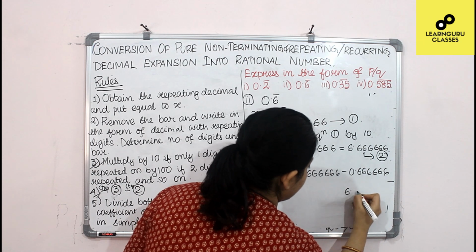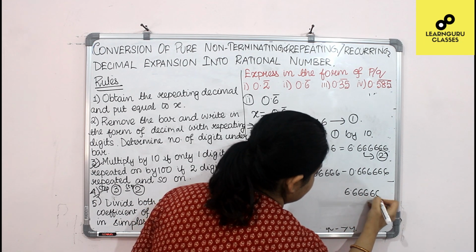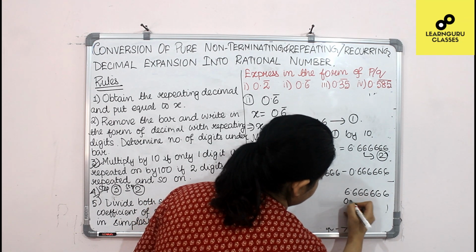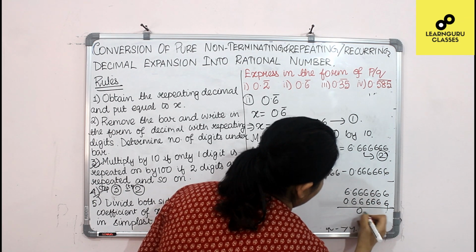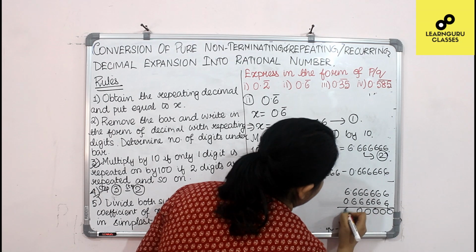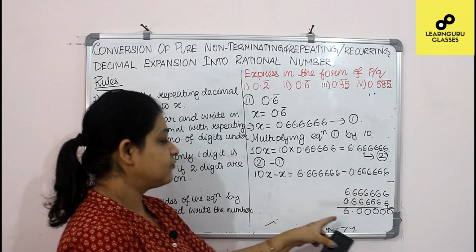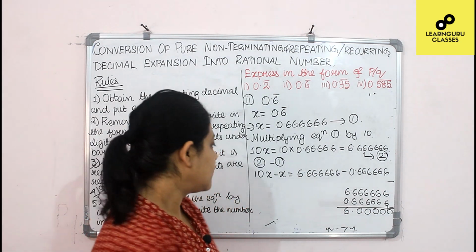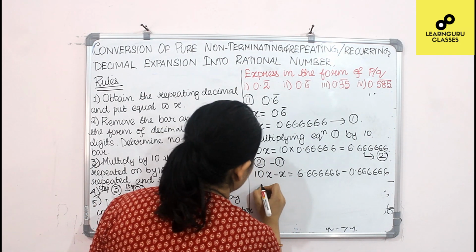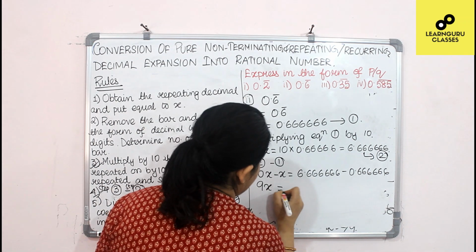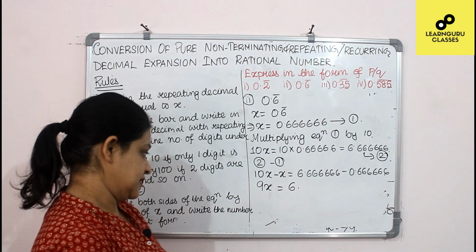So the entire thing is 0, 0, 0, 0, 0, and finally you are left with only 6. So 10x minus x, you already know, is 9x, and the rest is 6.